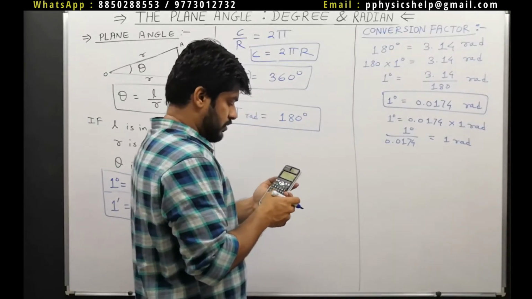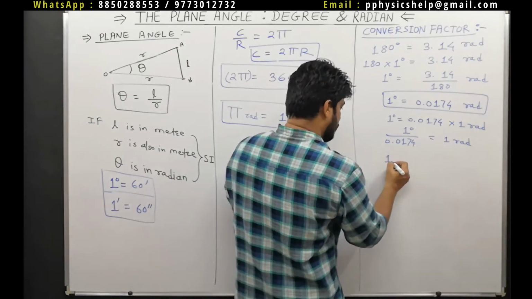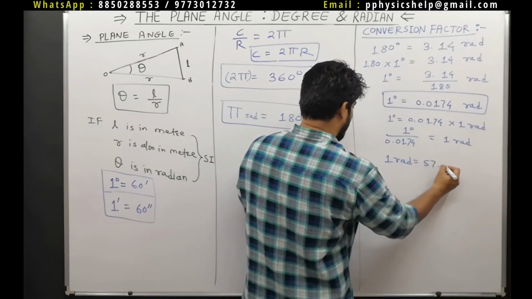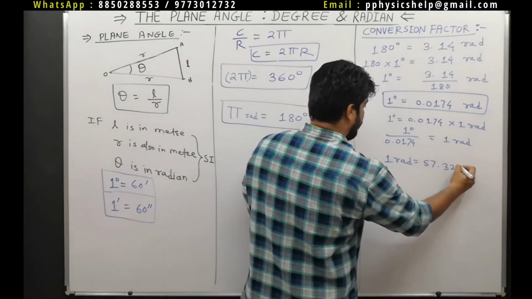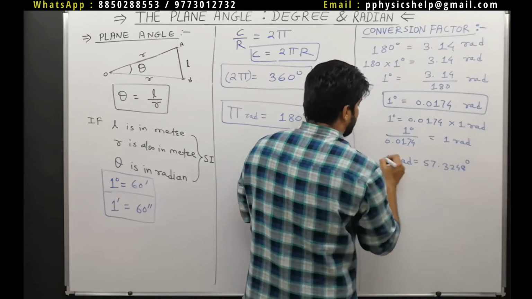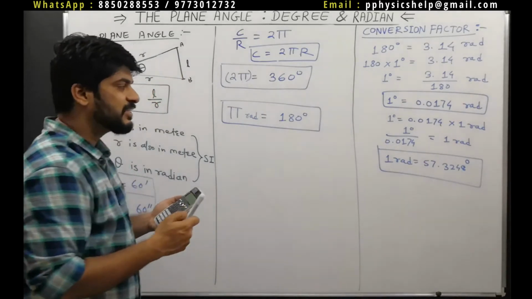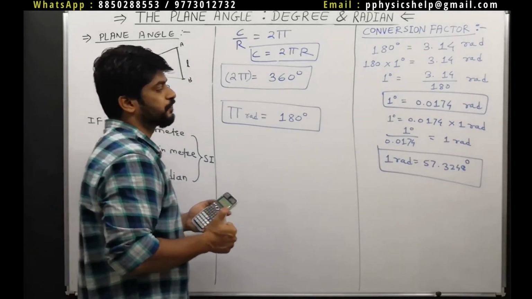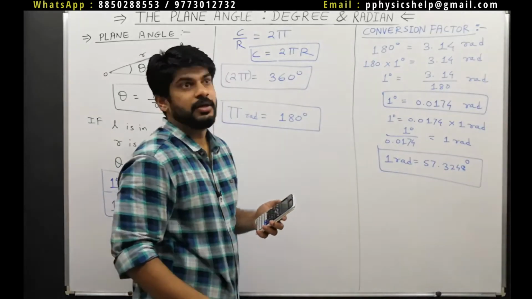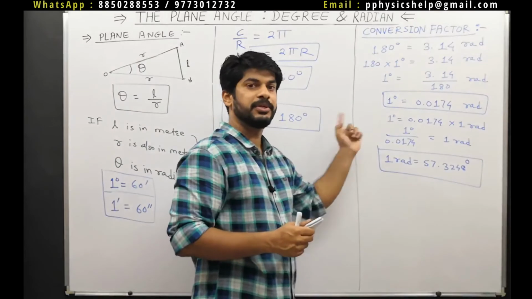Yeah, 1 radian after calculation comes out to be 57.32, 48 and some number, degrees. So this is the conversion factor from radians to degrees. 1 radian is this many degrees. In this way we are done with the conversion factor from degree to radian.